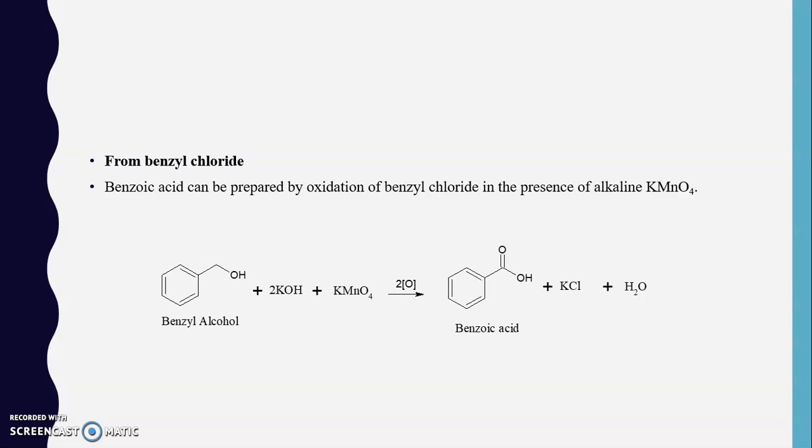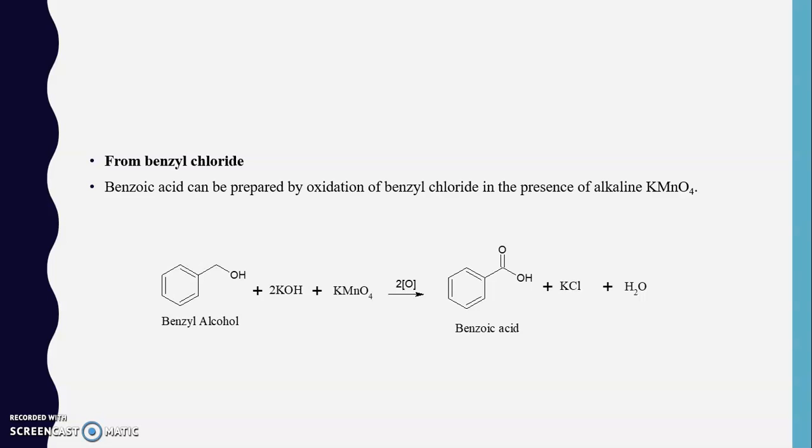Namely, the first method that we have seen is industrial, where we are going to carry out the oxidation of toluene with the help of cobalt or manganese to the benzoic acid. In the second method, the alkyl benzenes that we have used, when they undergo oxidation with alkaline potassium permanganate, will be converted into the benzoic acid. Then in the third method, we have seen we are going to use the Grignard's reagent.